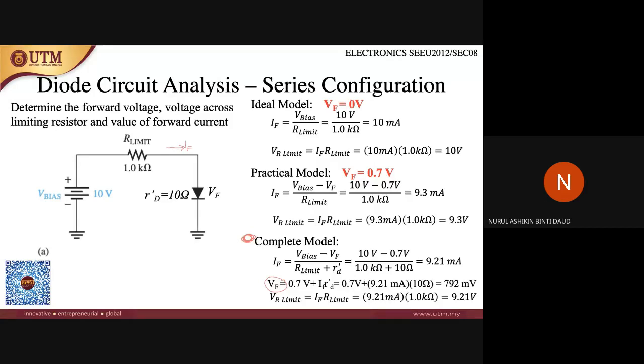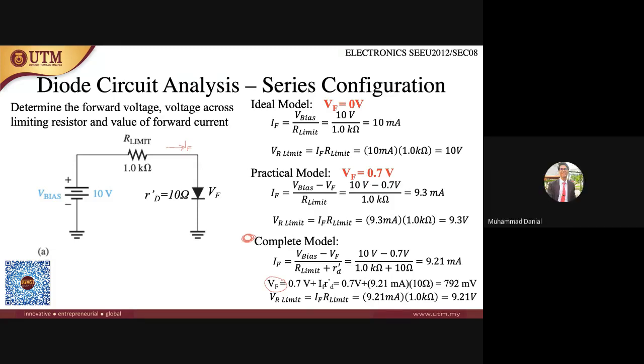So plus the barrier potential value, then only you will get the forward voltage value. So you cannot just directly multiply. Sometimes what some of you do is directly multiply 9.21 by the resistance value of 10 ohm. That is wrong because you are not considering the barrier potential value.